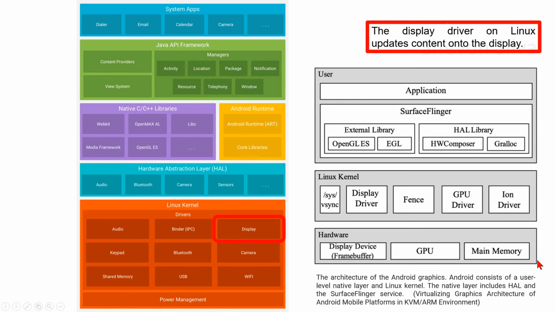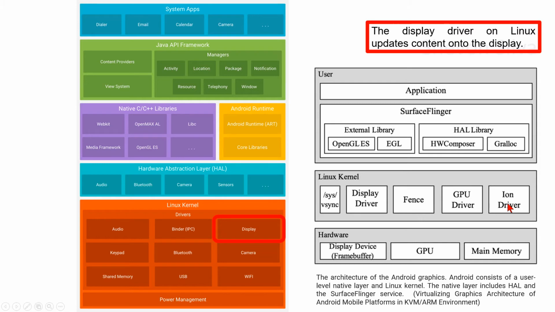In the Android graphics architecture stack, the process called SurfaceFlinger plays a central role. SurfaceFlinger issues allocation requests for memory buffers to the ION device driver in the underlying Linux kernel via the graphics HAL, the hardware abstraction layer.